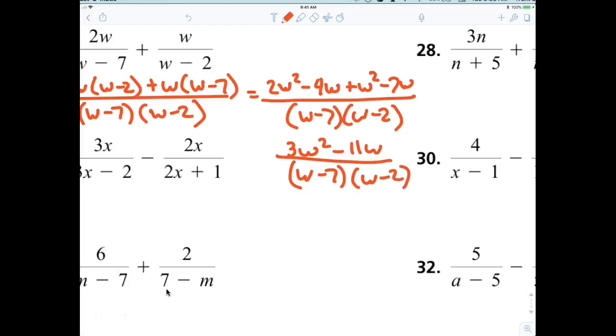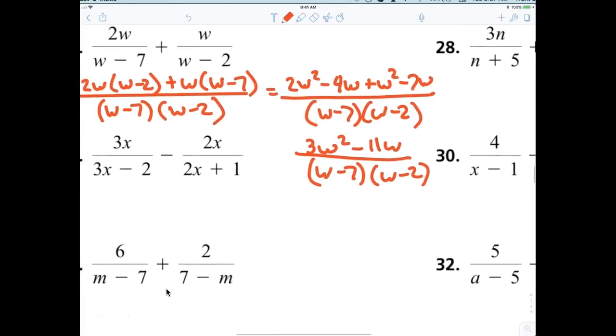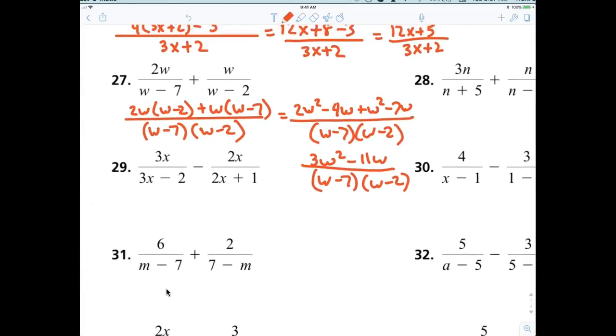Can you factor out a W in the top? Oh yeah, you could, but is that going to help? No, because you end up with 3W minus 11. I don't think it's too bad.